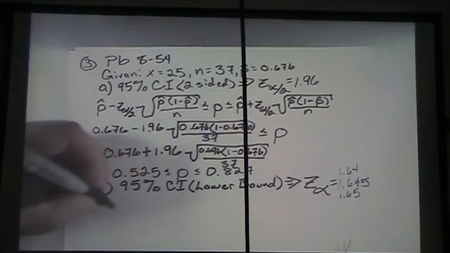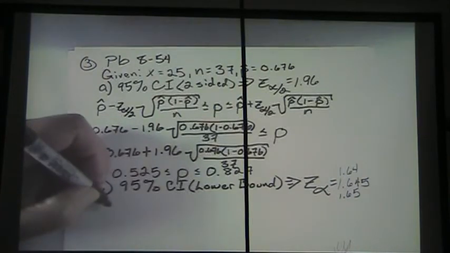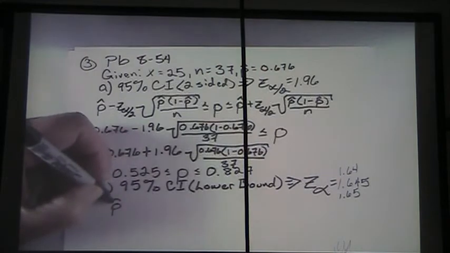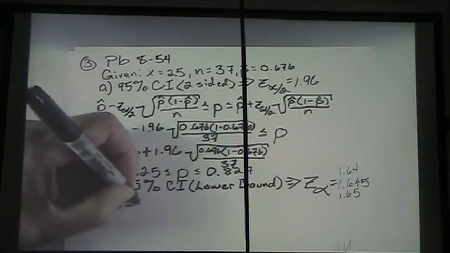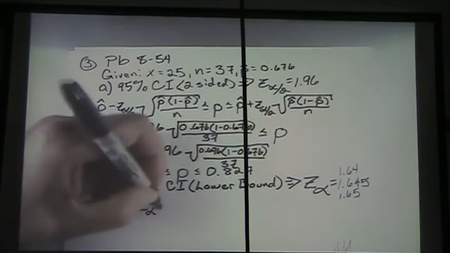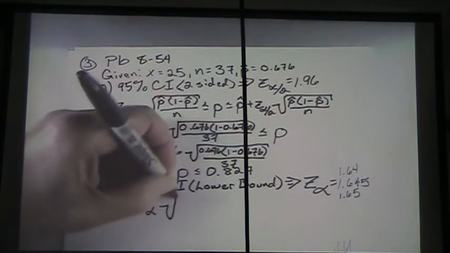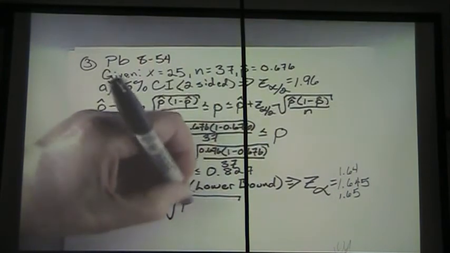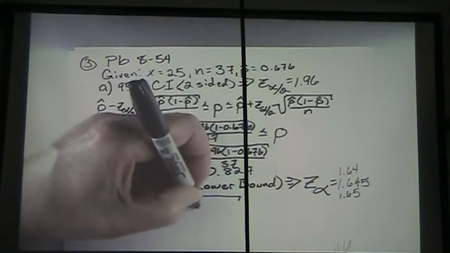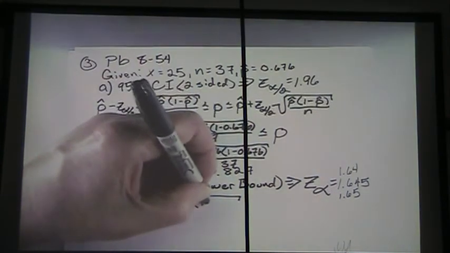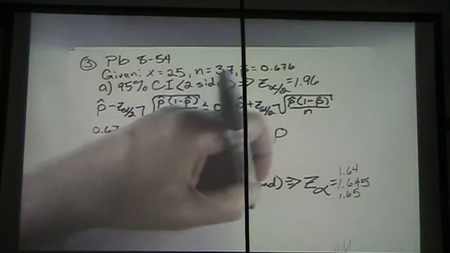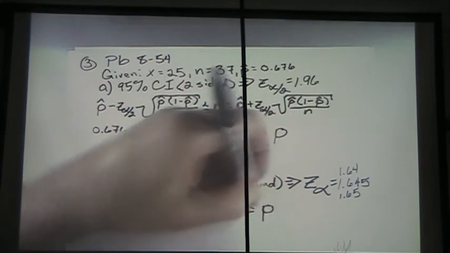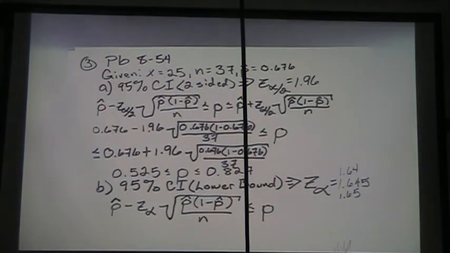So our formula is that our binomial proportion hat, our p hat, minus z alpha times the square root quantity of p hat times the quantity 1 minus p hat divided by n is less than or equal to our binomial proportion.